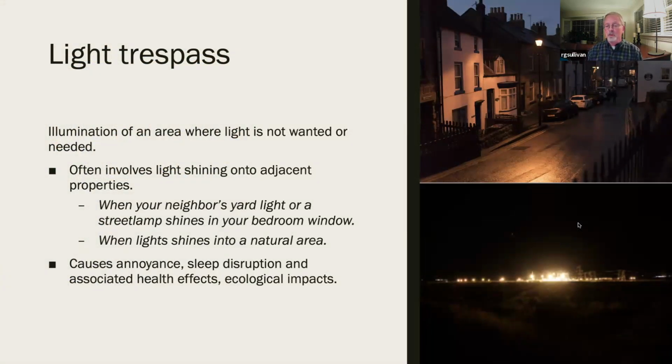The people who installed that light presumably are not interested in illuminating the inside of your house. And in most cases, lights that other people put up aren't even intended to illuminate your property, but they do.